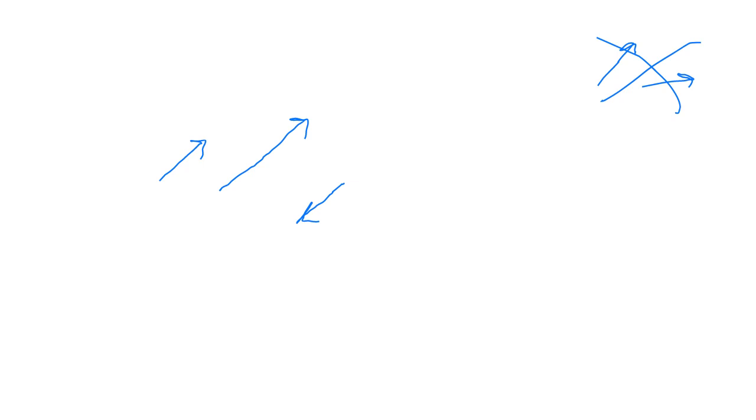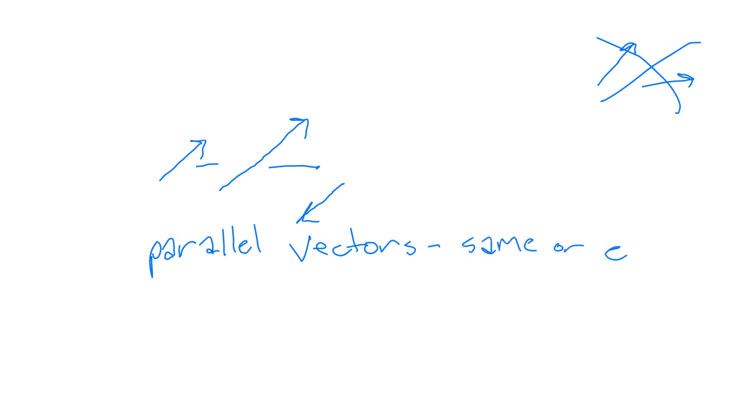Whenever you multiply by a scalar, you produce parallel vectors, which essentially means they have the same or exact opposite direction.